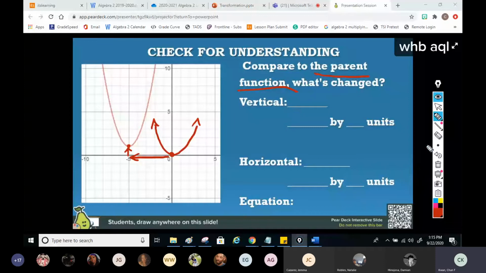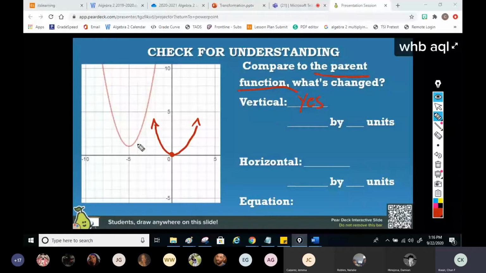All right, now let's look at right here, vertical. Did it shift up? The answer is yes. I don't quite understand how someone can not spot this.